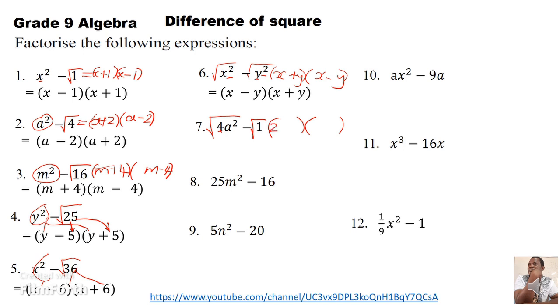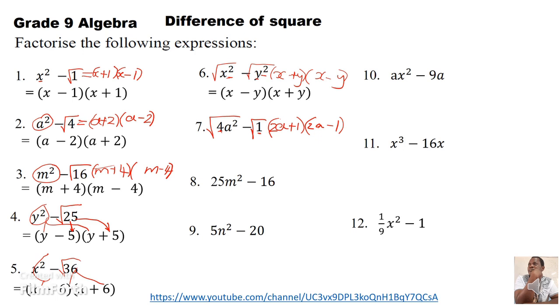Then a squared gives us a, so 2a in one bracket and 2a in the other bracket. The square root of 1 is 1. So you get plus 1 and you also put 1 in the next bracket. That is the answer. If you factorize 4a squared minus 1, the answer is 2a plus 1, factor of 2a minus 1.